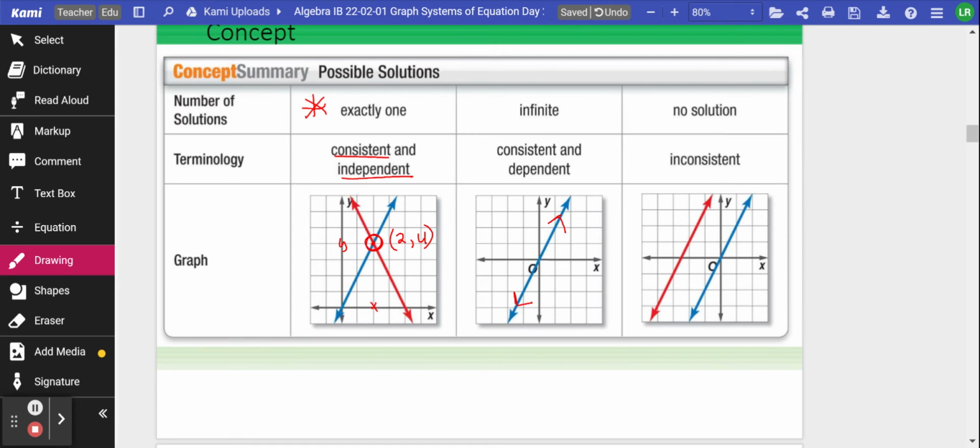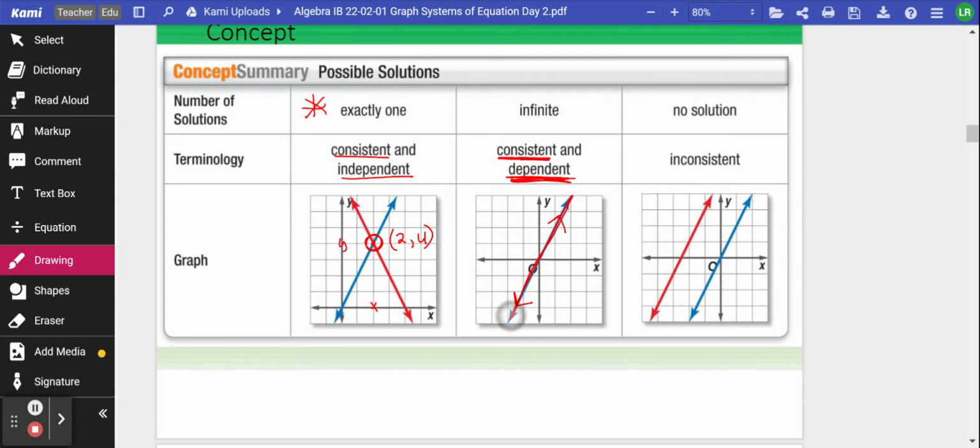The next type that has a solution, consistent, is there's infinitely many. Infinitely many, and that is consistent and dependent. There's infinitely many solutions. They're all on this particular line.